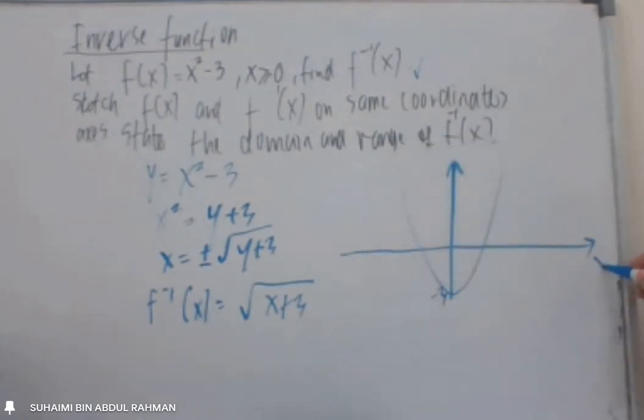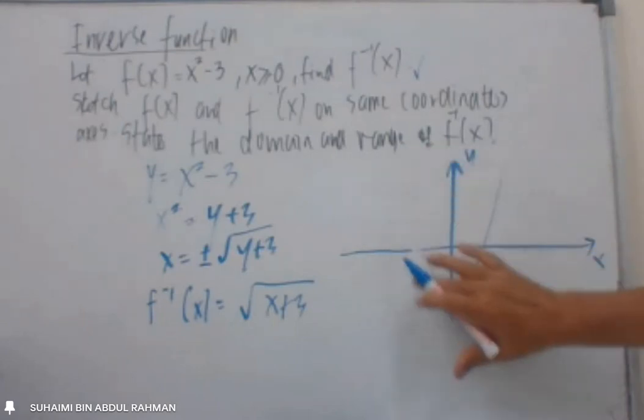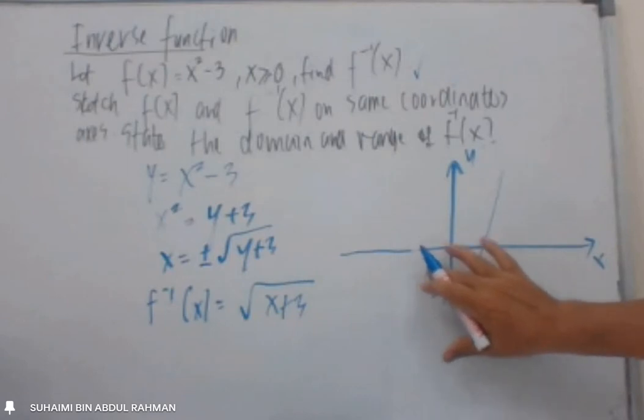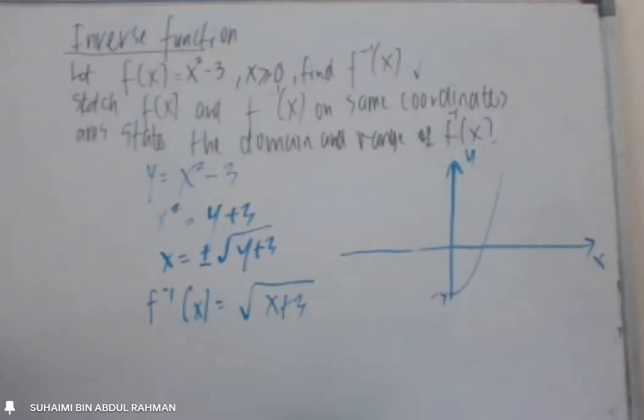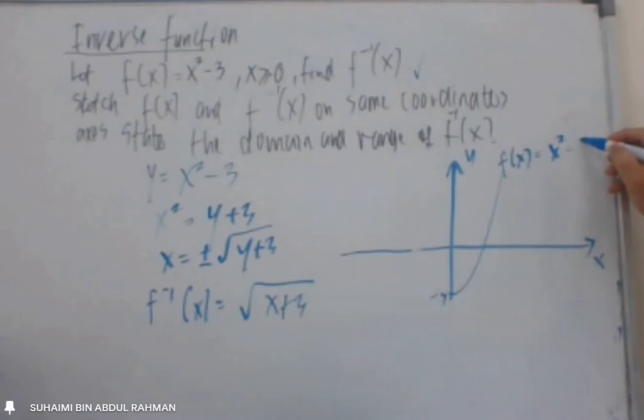However, x is only positive, therefore we have to remove this part. So this is the graph of the function. Our function is x squared minus 3, provided that x is greater than or equal to 0.